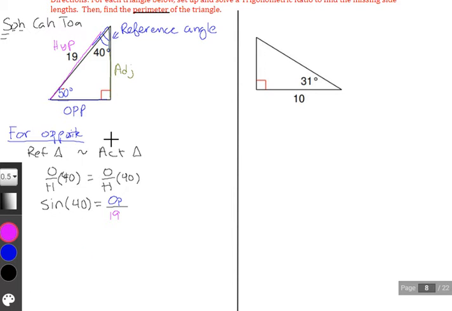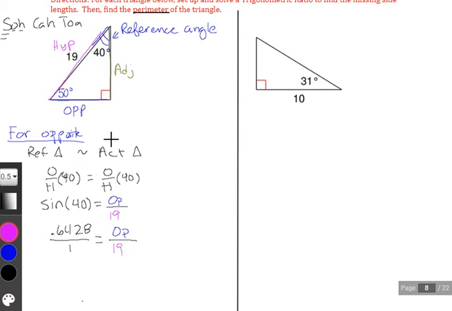Okay. So the calculator understands the sine of 40, but if we're going to do calculations, we have to convert that to a decimal. And so if I take 40 degrees, find the sine ratio, that's going to be 0.6428, which of course I'll put over 1 right away so I can cross multiply and solve.